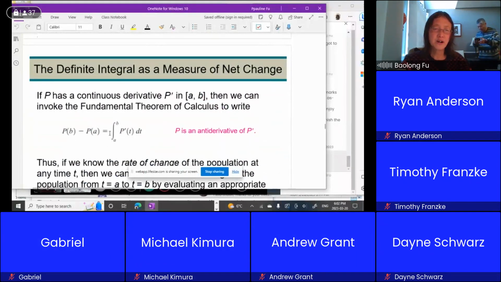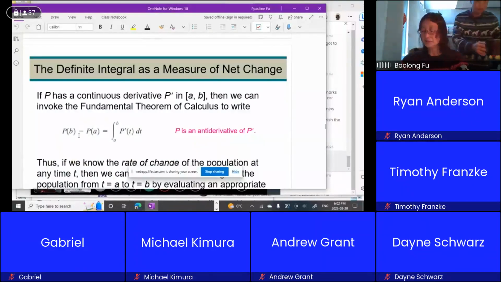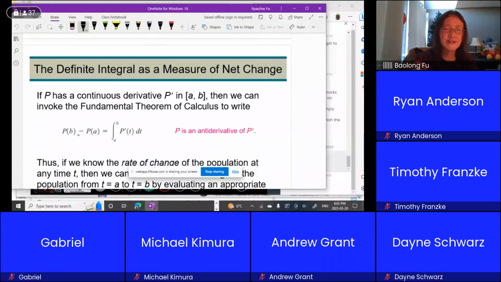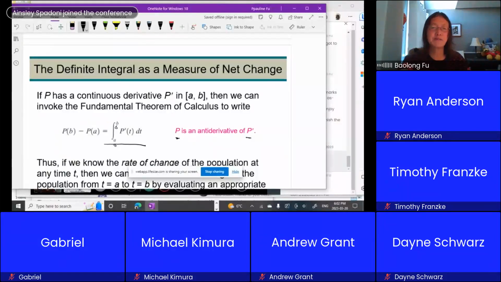Now using an integral, P(B) minus P(A) can be written as a definite integral from time A to time B of P prime(t) dt. So remember the relationship between P and P prime: P is the antiderivative of P prime.